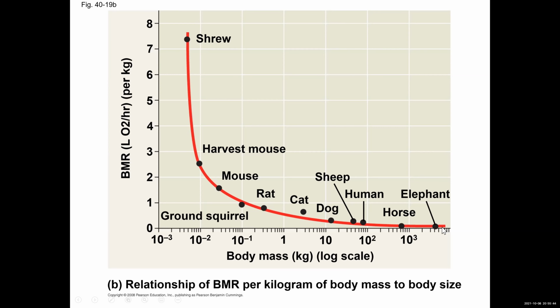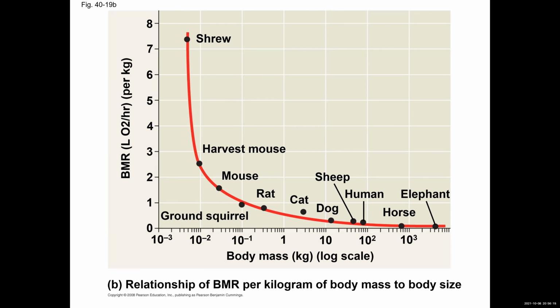Now, the elephant is extremely large. And what happens as the animal's body gets bigger, so imagine the animal's just a sphere, right, to simplify things. What's happening as the animal gets bigger is that the volume is increasing faster than the surface area. Where do we lose heat? We lose heat at our surface, right? So if we're talking about an endothermic animal, which we are for all of these examples, that even in a warm climate, that heat is going to be lost at the surface of the animal.